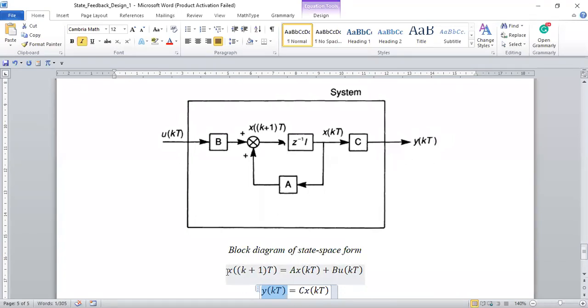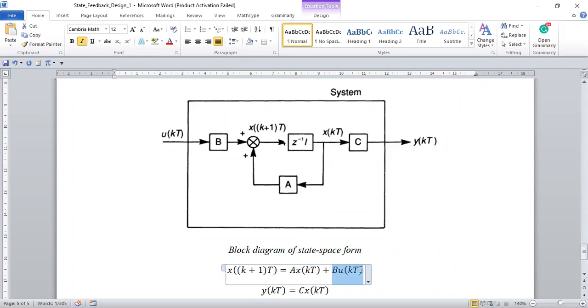Then to represent this, we know that x of (k plus 1)T is equal to Ax plus Bu. We already have x of kT here, but we want to get x of (k plus 1)T. So we need addition, a comparator or a summing block. So here's the summing block. We'll add Ax of kT, so this is the A block.